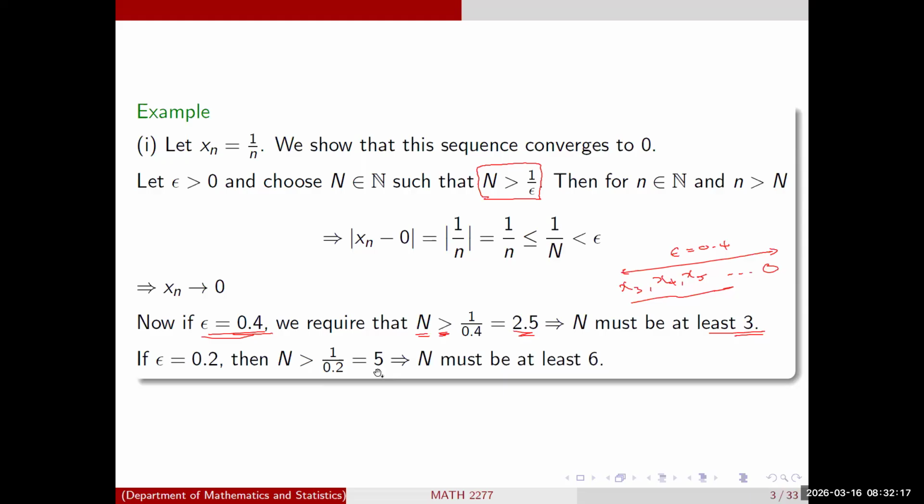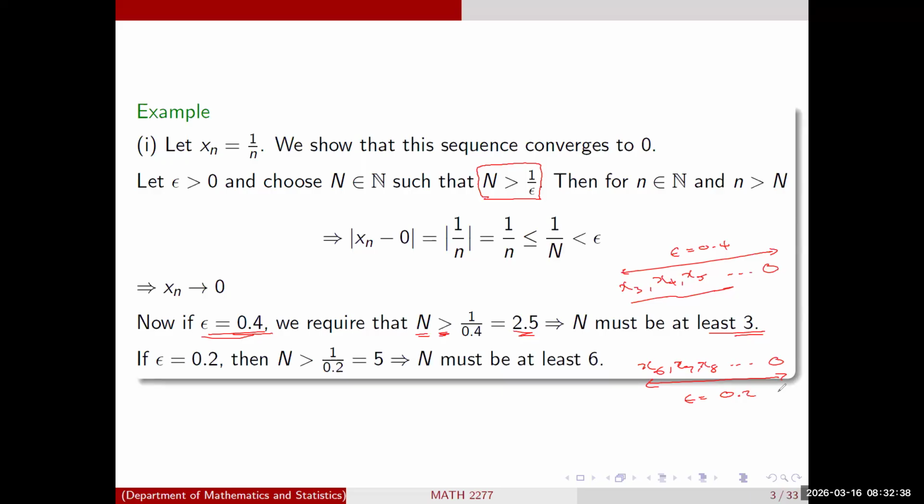So what is the next natural number up from 5? Well, it's 6. So now you will say you just need to take from x6, x7, x8, and these terms, the distance between these terms and 0 will be within epsilon equals 0.2.